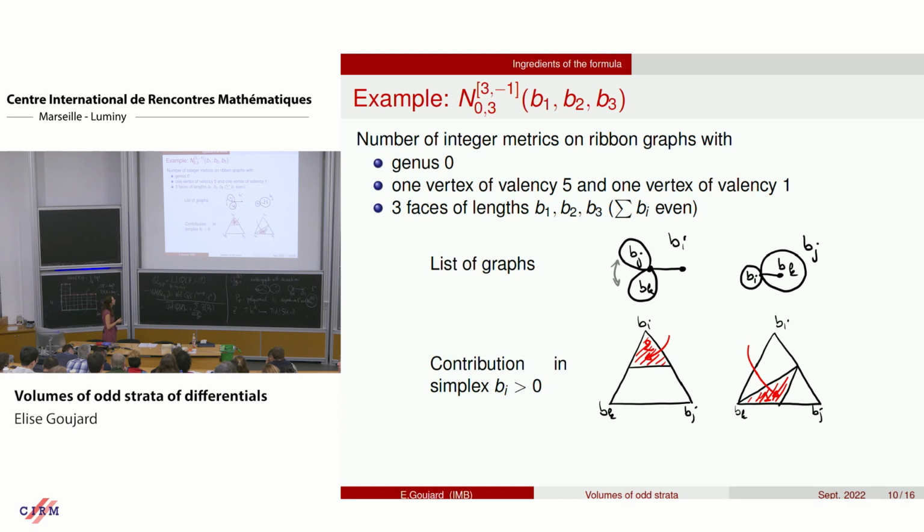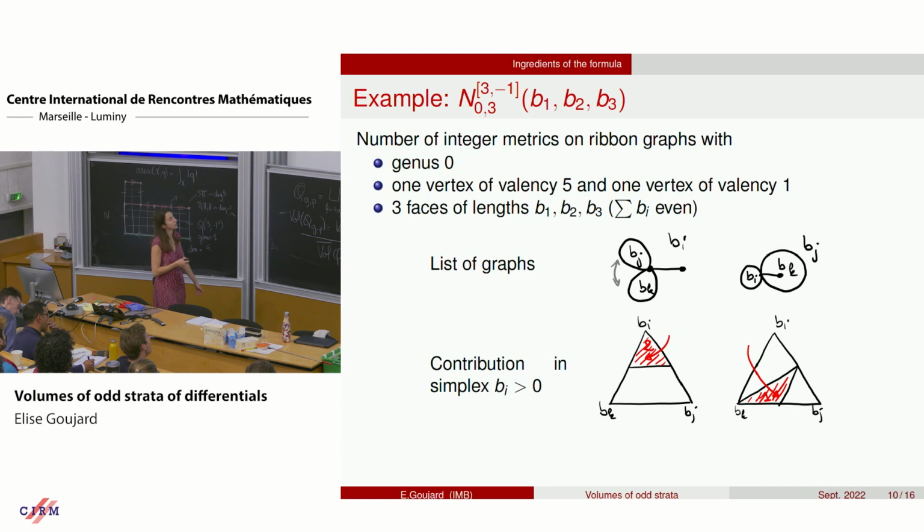How many ways can I put lengths on these sides such that the boundary components have lengths b_i, b_j, b_k? The only condition is that b_i should be strictly greater than b_j plus b_k. If I have this condition, then I can choose this length to be b_j, this length to be b_k, and this length to be the difference over 2. So everything is determined up to this condition.